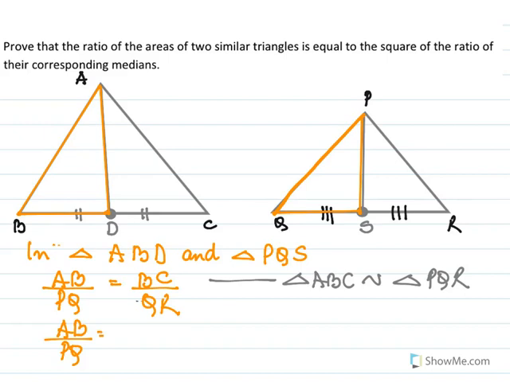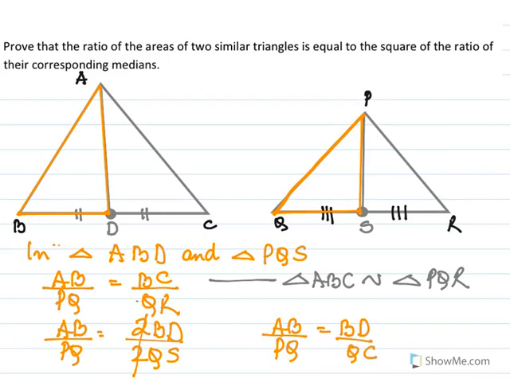So for BC, I can write twice BD, because this whole thing is BC, and this is half of BC because D is the midpoint. Similarly, for QR, I can write twice QS because S is the midpoint. So here I write over twice QS. So this 2 cancels. So I got AB over PQ equal to BD over QS.